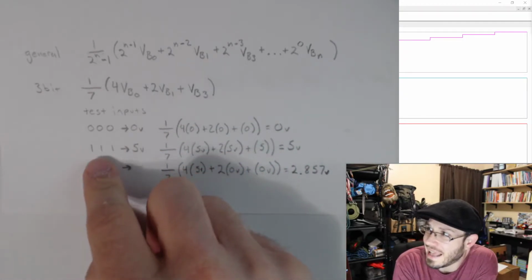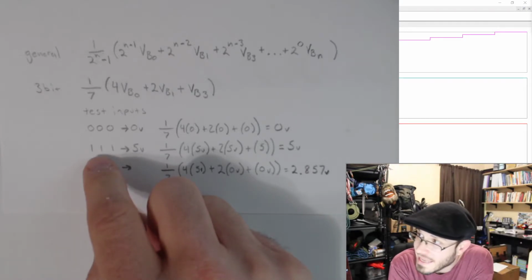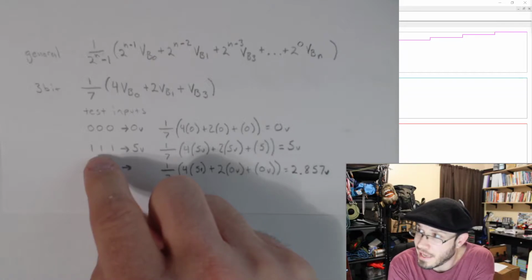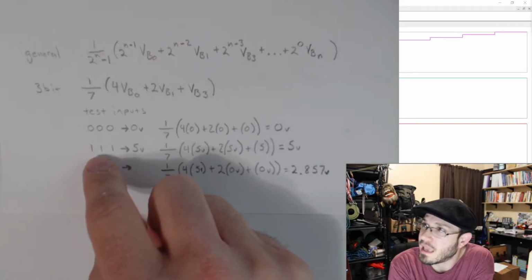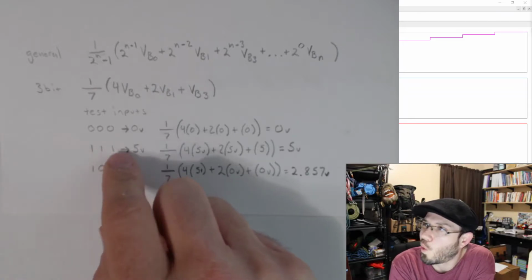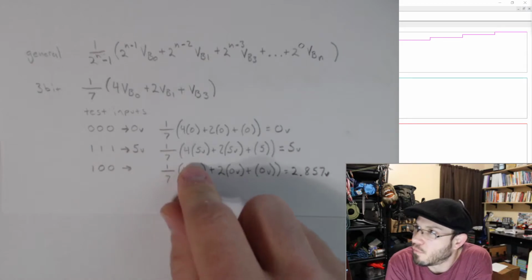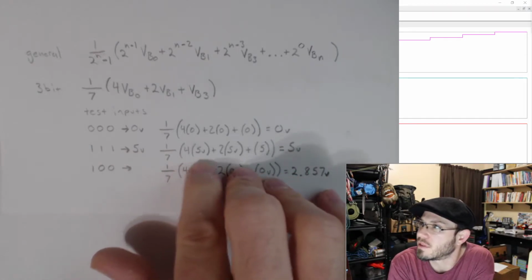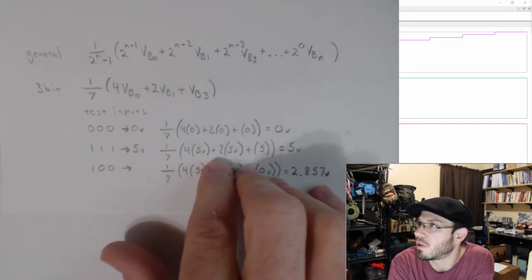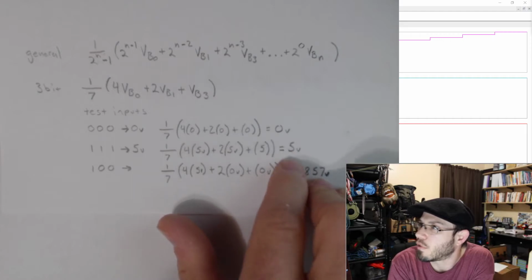And then I looked at the max case of the largest value you could get for a 3-bit digital to analog converter. That would be all ones in the inputs, so 1, 1, 1. We would expect to get 5 volts out of that, and sure enough, when you plug it into the equation, you get 1 divided by 7 times 4 times 5 plus 2 times 5 plus 5, and you end up with 5 volts.